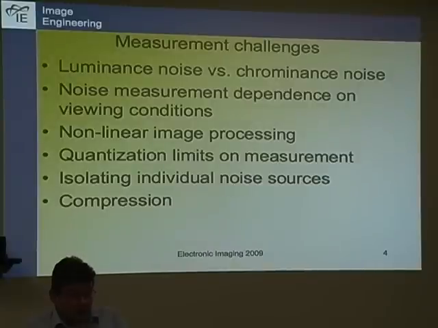They also do not address the dependence of the visibility of noise on the different viewing conditions. They certainly don't look at the nonlinear image processing. So noise can be different in different parts of the images, and it can be different on different kinds of structures in the images.